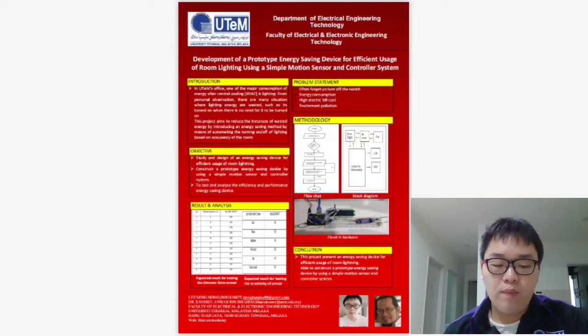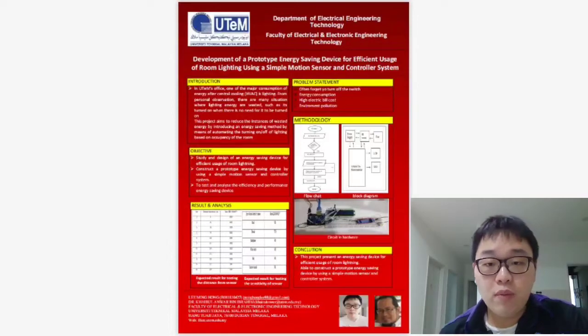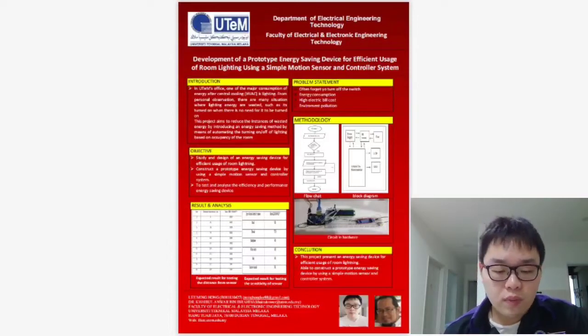If people are present, the LED will turn on. Then the system will count the number of people present in the room. When the number of people is more than zero, the LED will stay on, and when it is equal to zero, the LED will turn off.